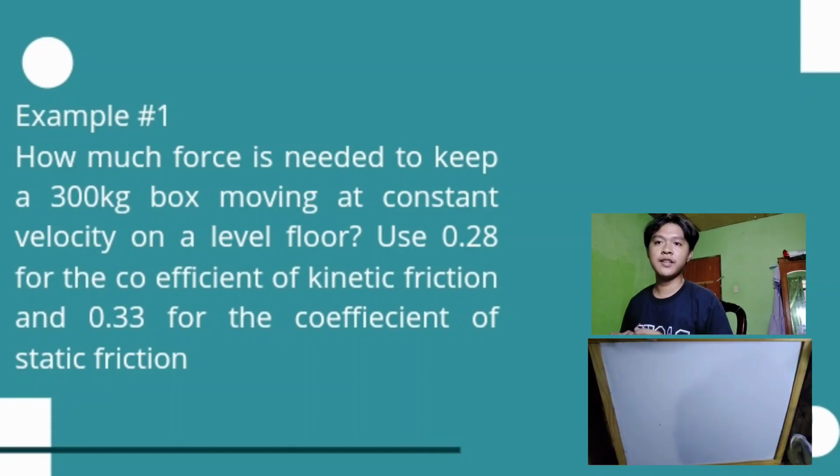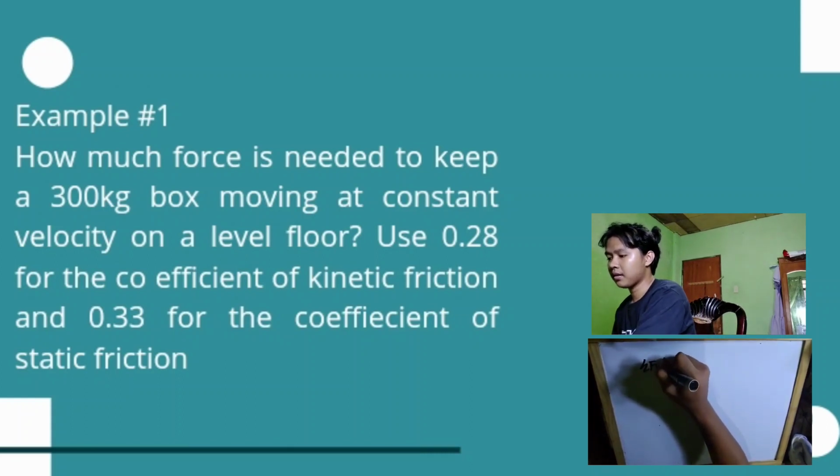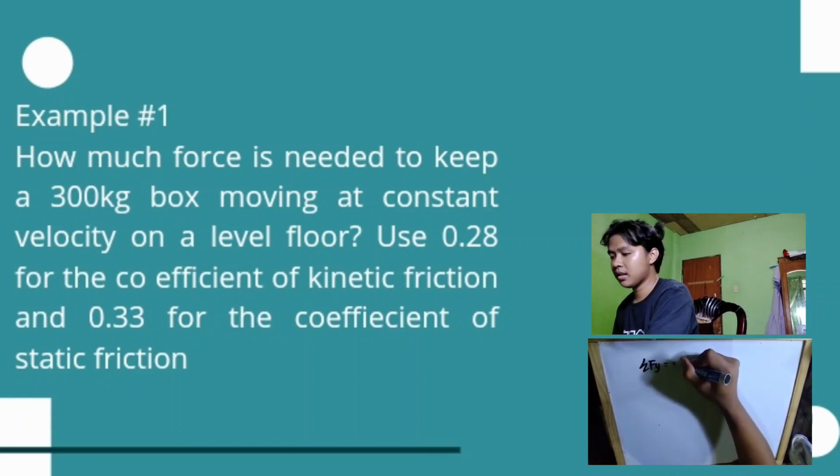For us to solve the applied force, we must first solve the normal force. In the y components, there's no motion vertically. Therefore, summation of Fy is equal to mass times acceleration in y.